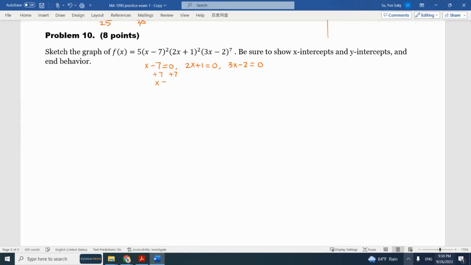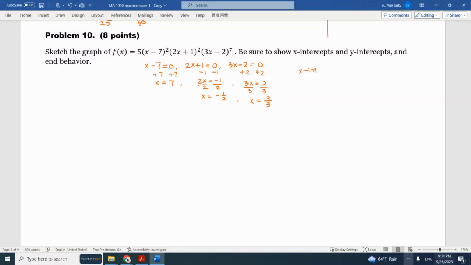So add 7 on both sides. You get x is 7. Subtract 1, so 2x is minus 1, and divide by 2, so x is minus 1/2. Here add 2, 3x is 2, divided by 3, so x is 2/3.